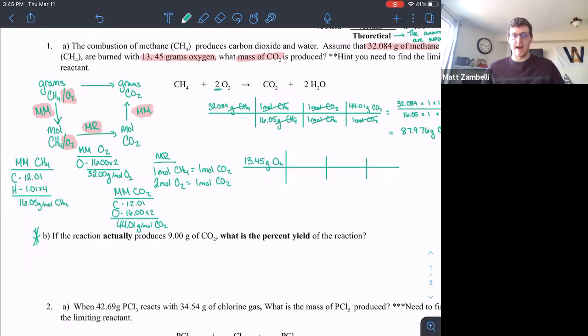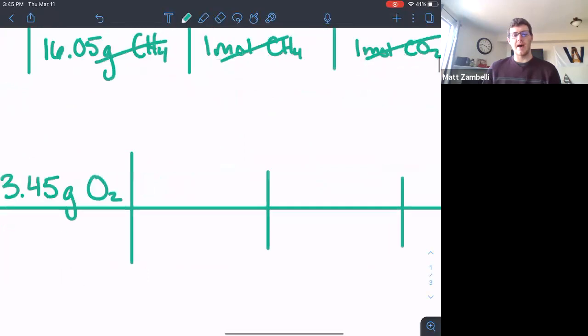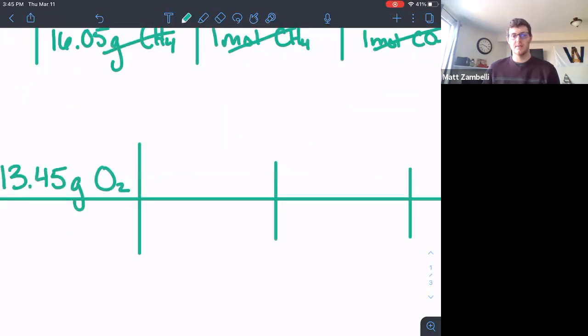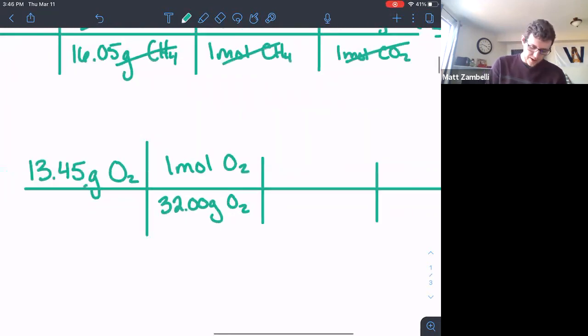We're going to use the molar mass of oxygen. Awesome. Do I put my 32 grams on top or on the bottom? On the bottom. So this time the 32 grams of O2 for every 1 mole of O2. That way our grams of oxygen get canceled and we are in moles of oxygen.